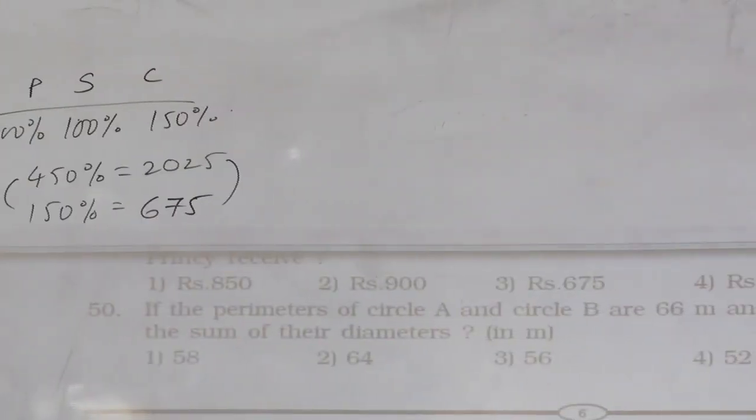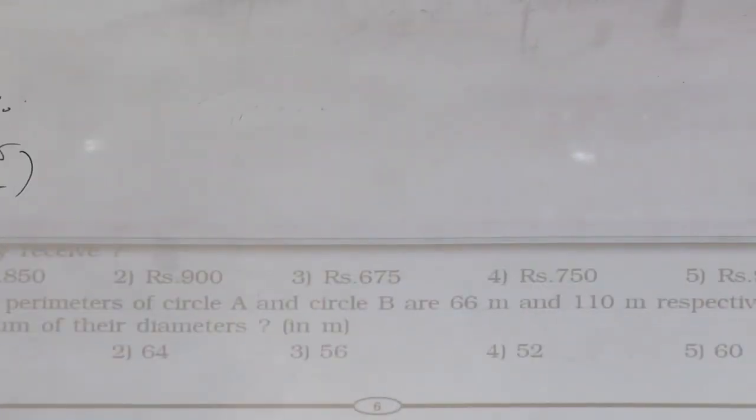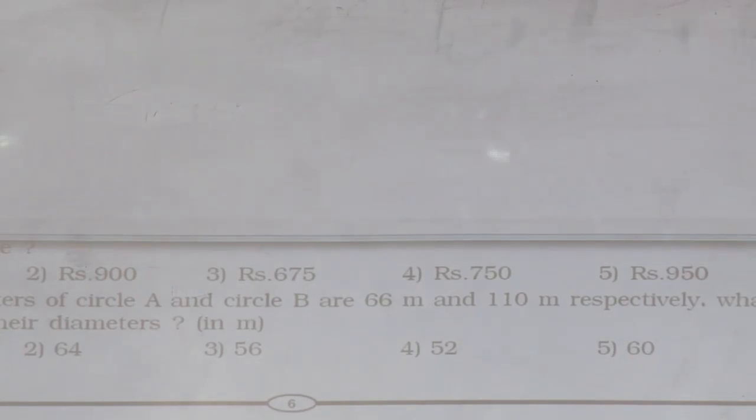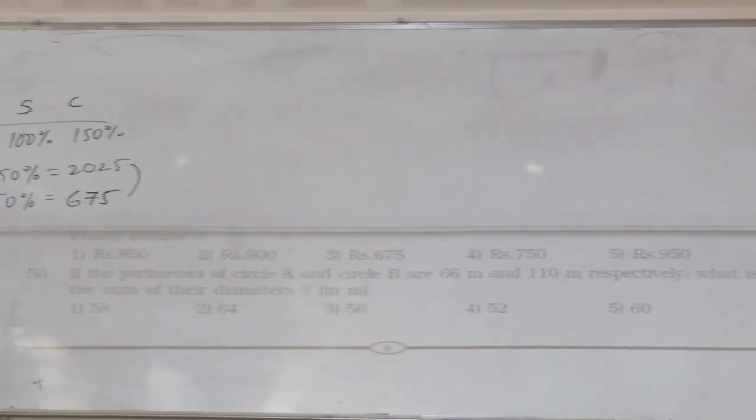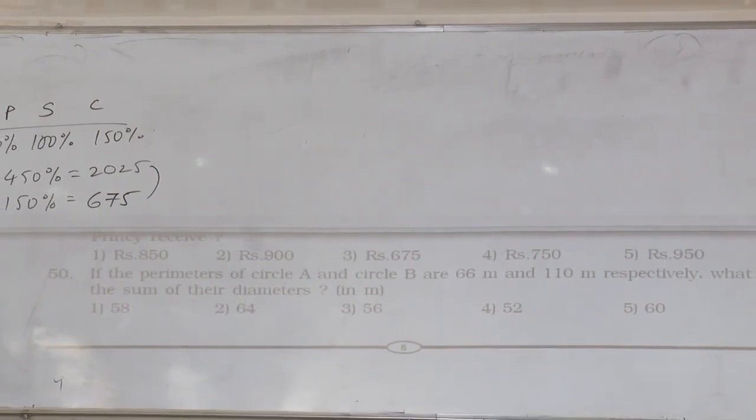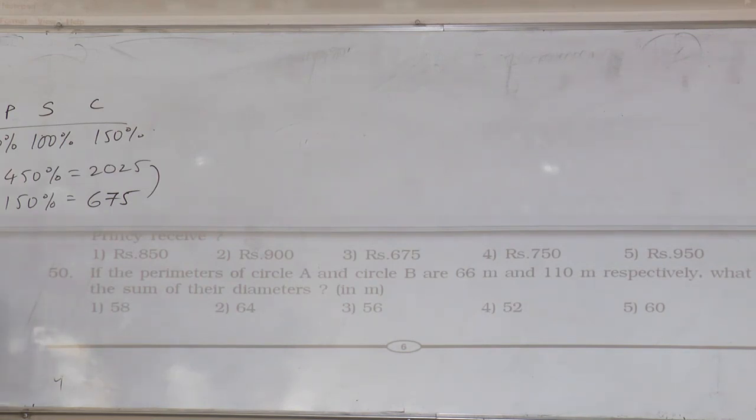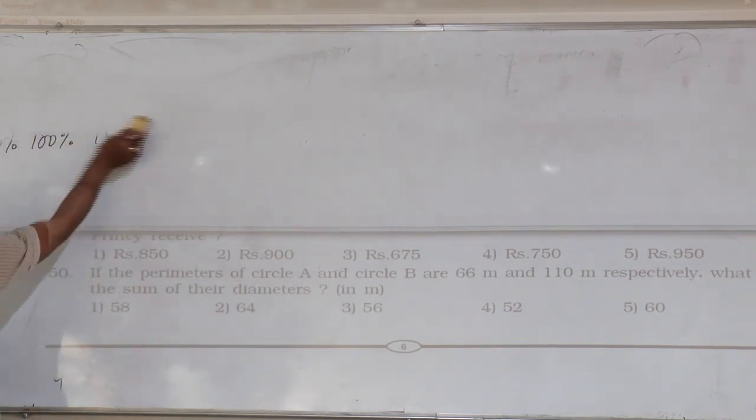50. If the perimeters of circles A and B are 66 and 110 meters, what is the sum of their diameters? Perimeter is 2 pi r. And you're asked about the sum of their diameters. You can say 2 pi r or pi d.